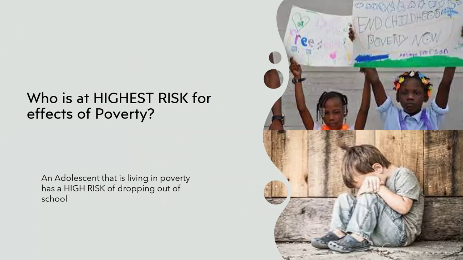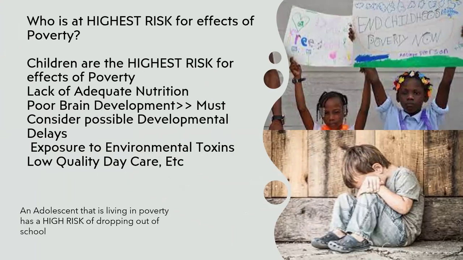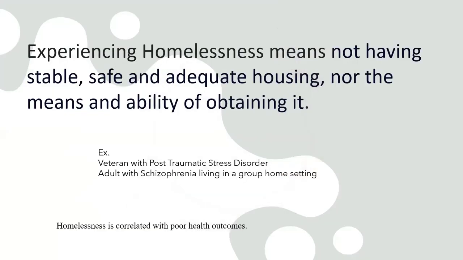An adolescent living in poverty is at higher risk for dropping out of school. Children are at the highest risk for the effects of poverty. It directly affects their nutrition, their brain development, their environmental exposures, and just their low quality of day-to-day care.